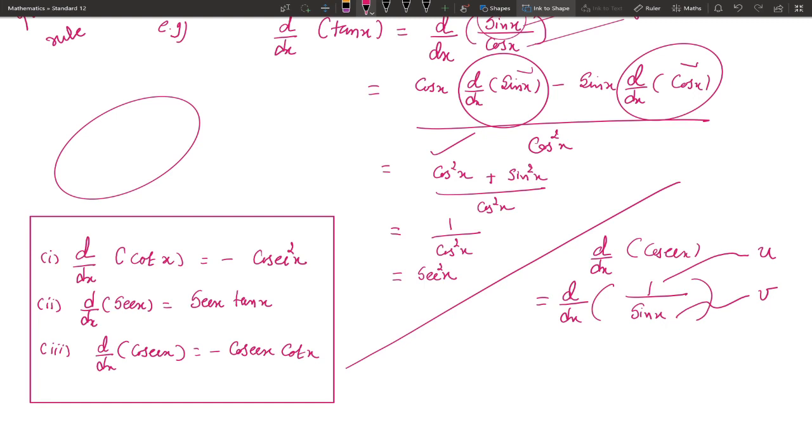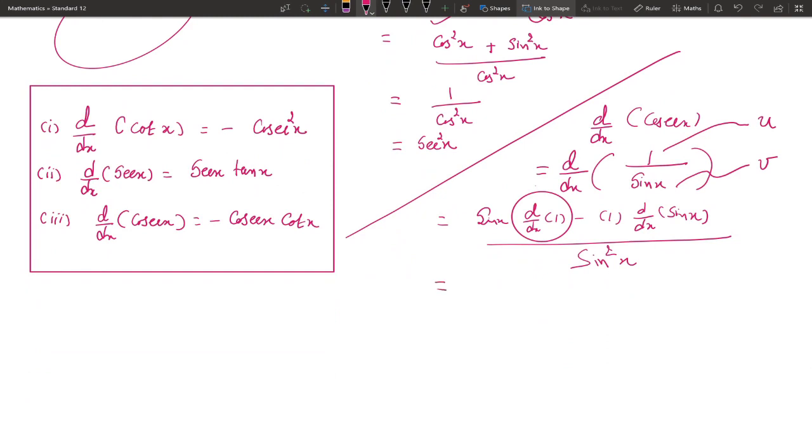Here 1 is a constant, so its derivative is 0.